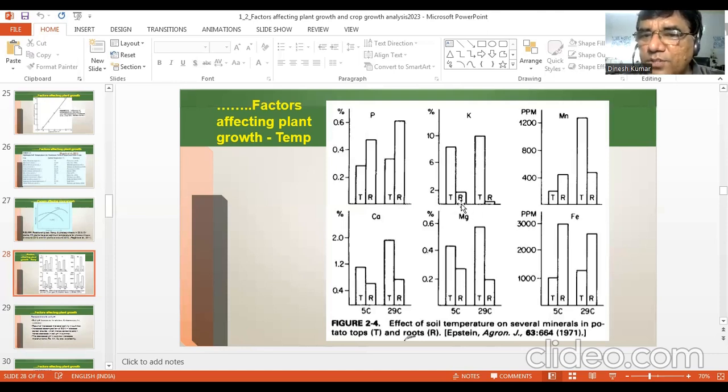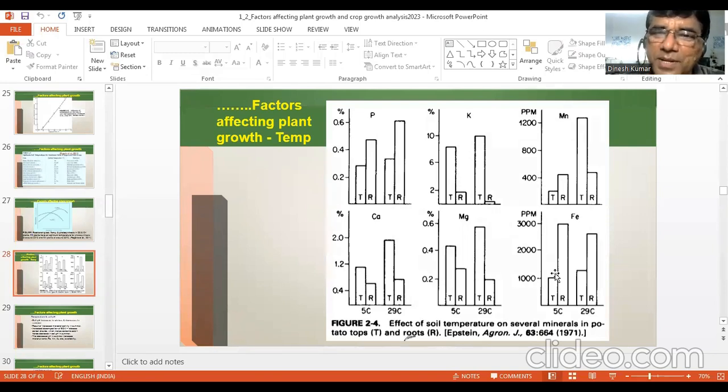But in the case of root, it is reverse. In root, you will have more potassium at 5 degrees centigrade than at 29 degrees centigrade, but so far as the top part is concerned, you will get more potassium at 29 degrees centigrade than at 5 degrees centigrade. Similarly, you should study the other nutrients yourself.